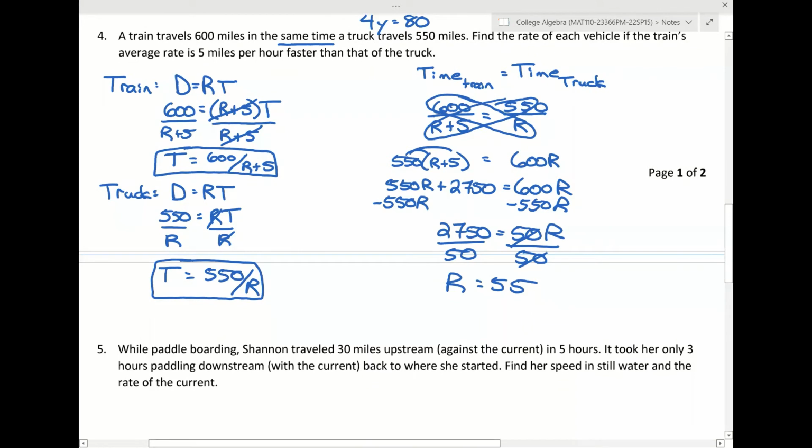So if you remember, R was the speed of the truck. And what would be the speed of the train? 60, right? Because it's 55 plus 5. You get that.